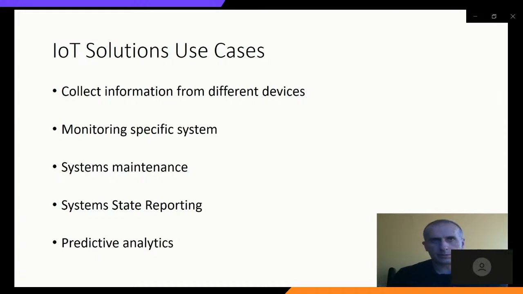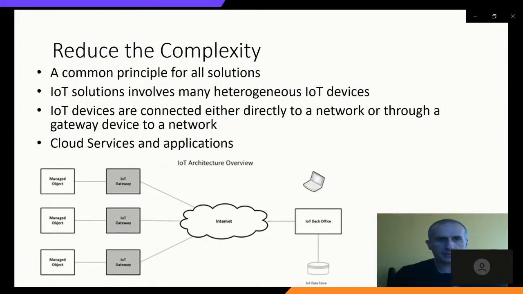It is possible also to use it for monitoring of specific systems, for systems maintenance, system state reporting, and predictive analytics. As you see in the current schema, we have on the high level different sensors which communicate with backend services using different types of connections, usually via internet, using specific devices, so-named IoT gateways.